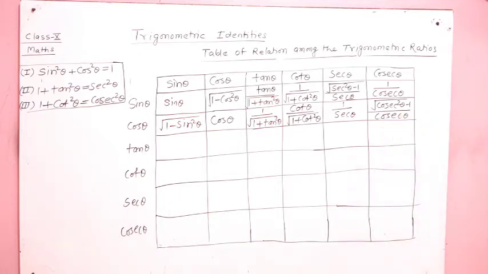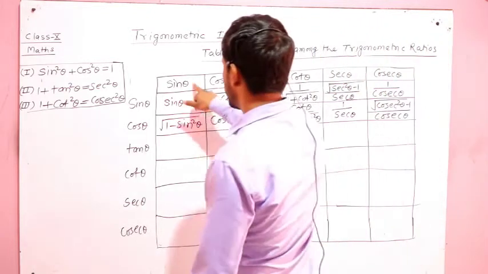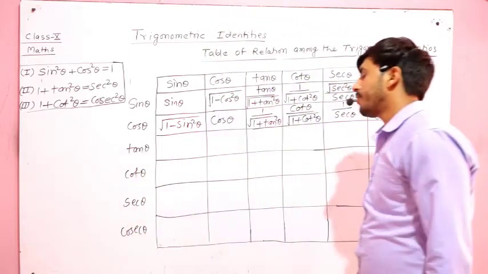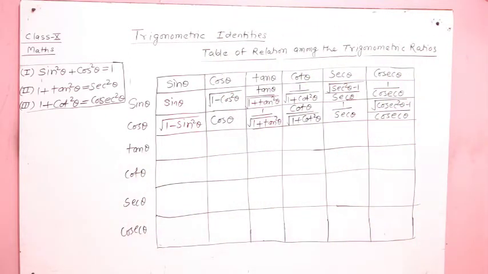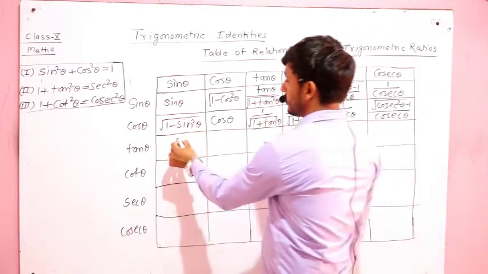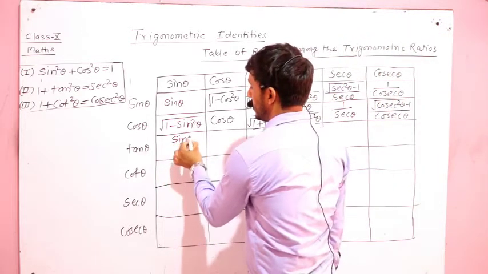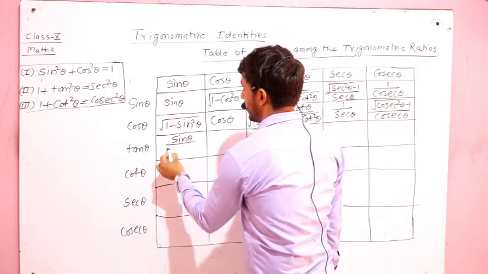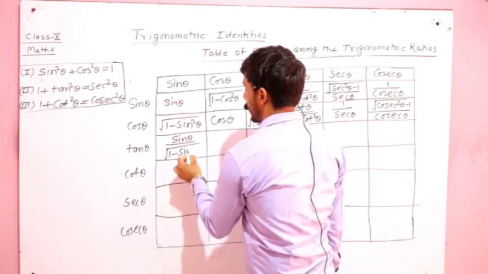Again, we have to find the value of tan theta in terms of sin theta, and that can be given as sin theta divided by root of 1 minus sin square theta.